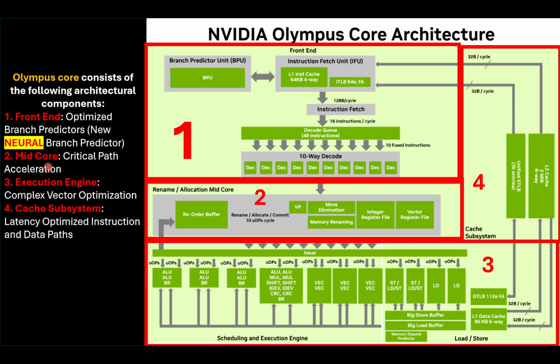The second part is critical path acceleration, and the third part is the execution engine, with complex vector optimization, for things oriented to AI agents. The fourth is the cache subsystem, with latency-optimized instruction and data paths. We are going one by one to see what is inside these architectures.